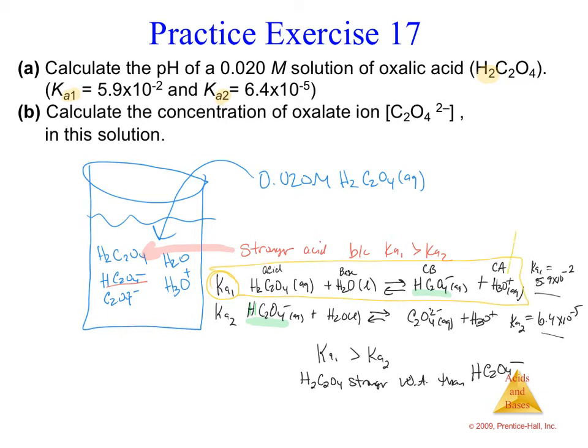So what I need to do is find my hydronium at equilibrium from just this first reaction and then solve for my pH, the negative log of hydronium. So let's go ahead and do that.